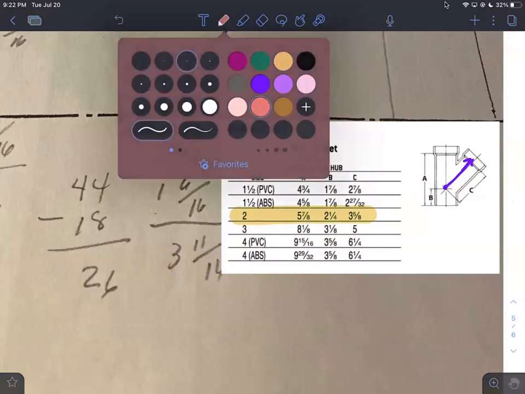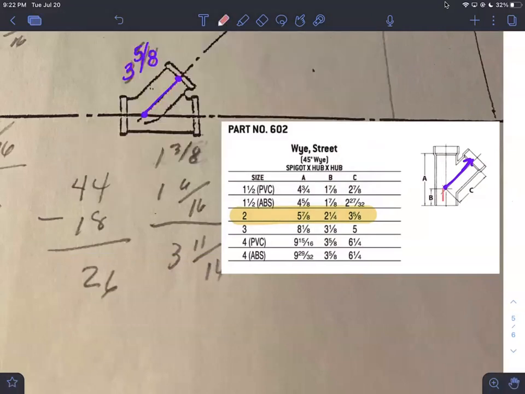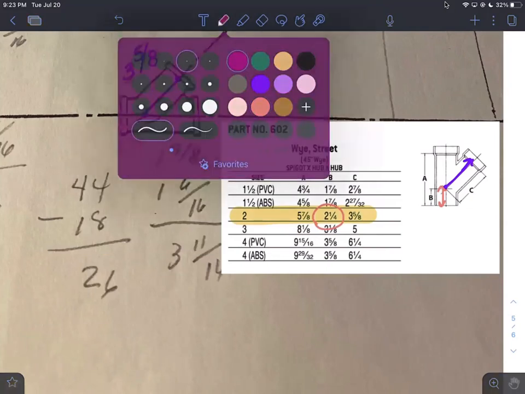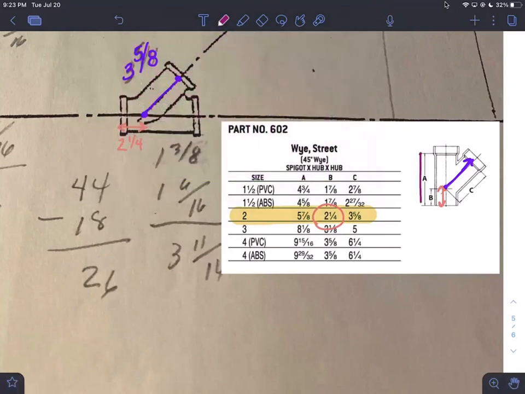They tell us that from here to here is B. So then this distance is 2 1/4. And then this whole distance right here is A, which is 5 7/8.